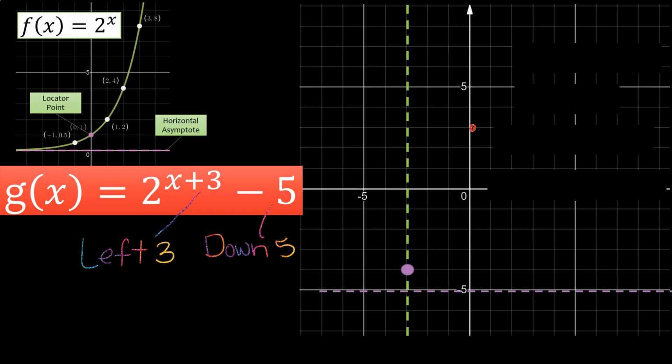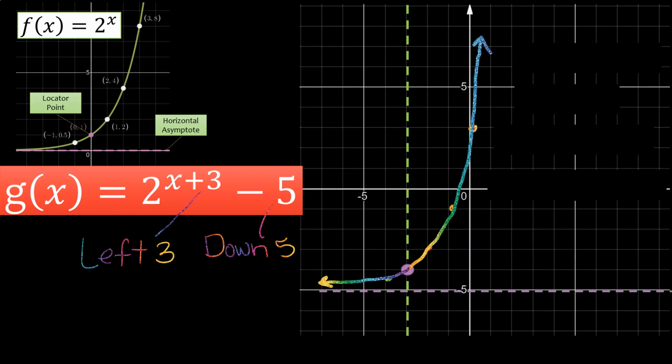So that's the locator point right there, and then you would go 0, 1, 1, 2, 2, 4, 3, 8, and so on. And if we go left 1, negative exponent, so we'll have the fraction 1/2 and 1/4 and so on. So going to the right, it's going to increase really fast, and going to the left, it will be decreasing, and it will flatten out at the asymptote there. All right, that is the graph of an exponential function using transformation.